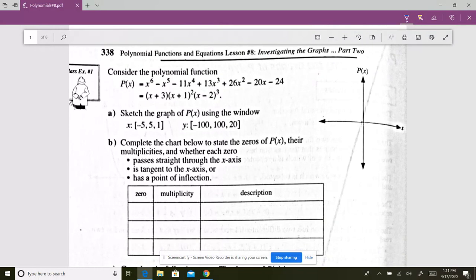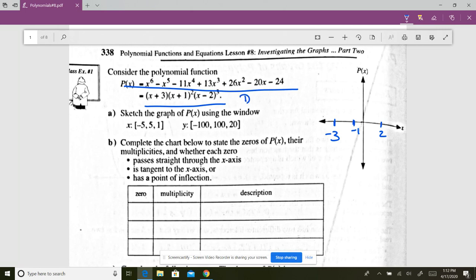All right, so here's our first polynomial. A big long thing. They have factored it for us. Because we have it factored, we know the zeros. So first bracket, you're going to get -3 as your x-intercept, and then -1, and then you're going to get 2.